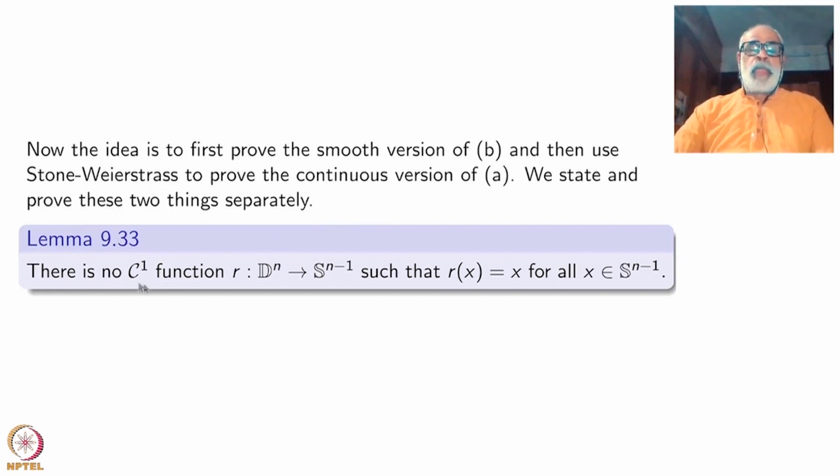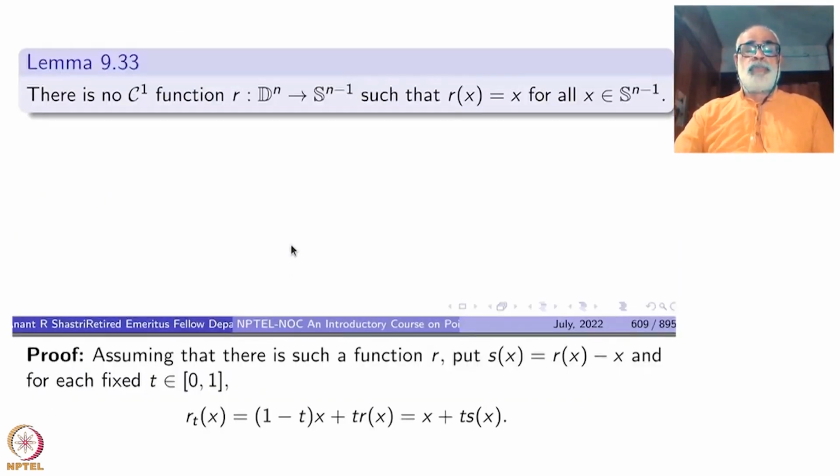So there is no C1 function R from Dn to Sn minus 1 such that Rx equals x for all x belonging to Sn minus 1. Now this is an assertion. Earlier this was just a statement equivalent to two other statements. Now we are proving this one. So what is the proof?